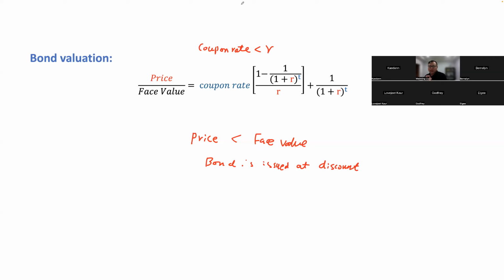So let's make this clear. What is coupon rate? Coupon rate is what the bond issuer promises the investor, okay? So if the coupon rate is 5%, that means the bond issuer is promising the investor a 5% return, okay? So let's suppose that the market rate of return is 6%.